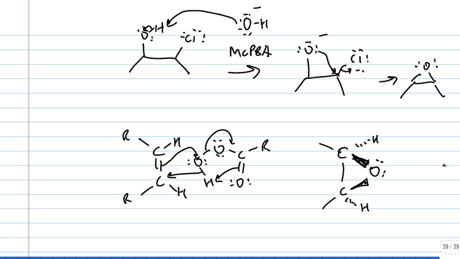Yeah. Okay. Let's go over how to open up the epoxide. Have you talked about that? Okay. There are 2 ways to open up an epoxide. So let's go over those 2 ways.